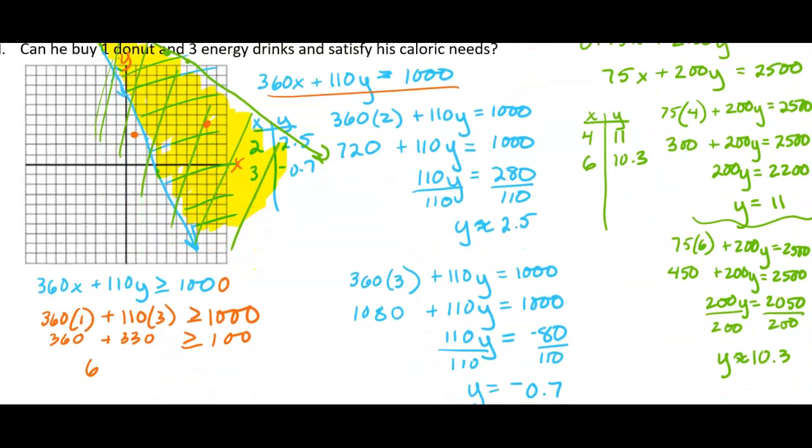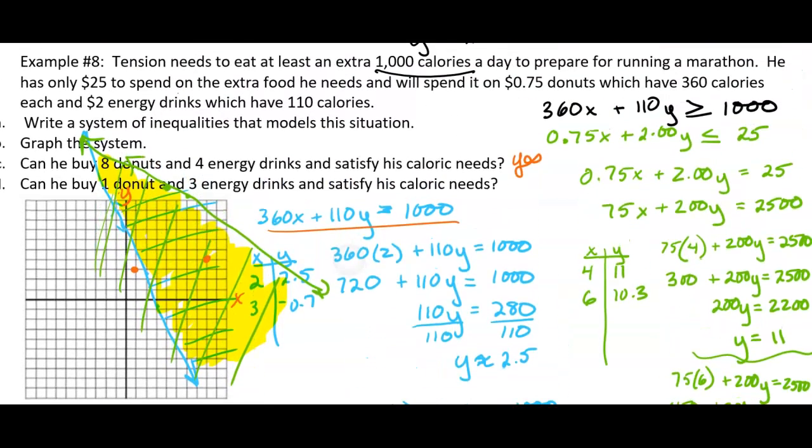So no, that's not enough calories. So you could actually check those by putting them into the inequalities. So no, he's got to have more calories than that. Okay, so that was a difficult one to do.